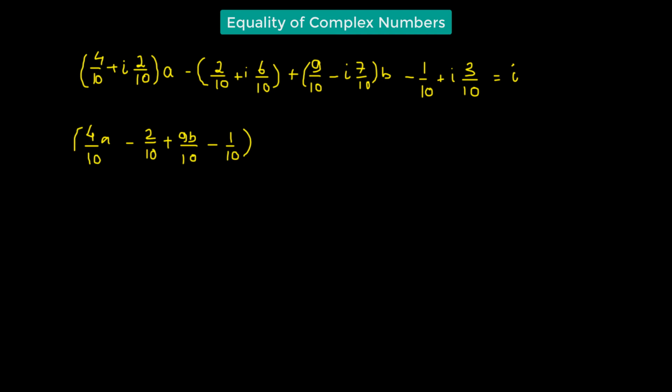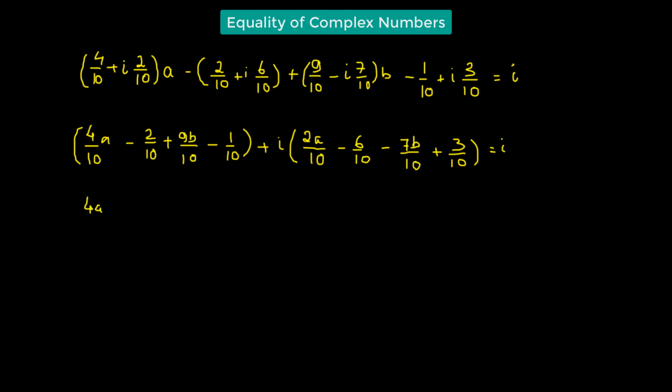So this will be our real part, plus the imaginary part, which will be i times 2A over 10, minus 6 over 10 and minus 7B over 10 plus 3 over 10, equal to i.